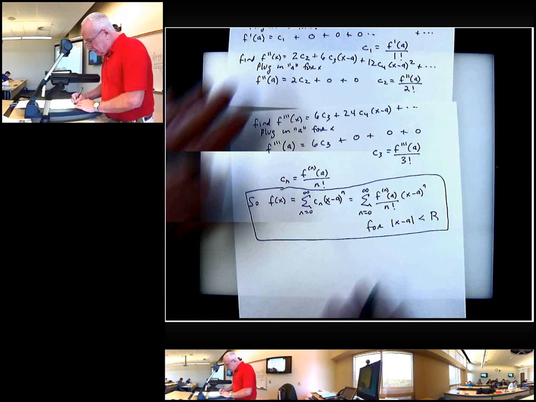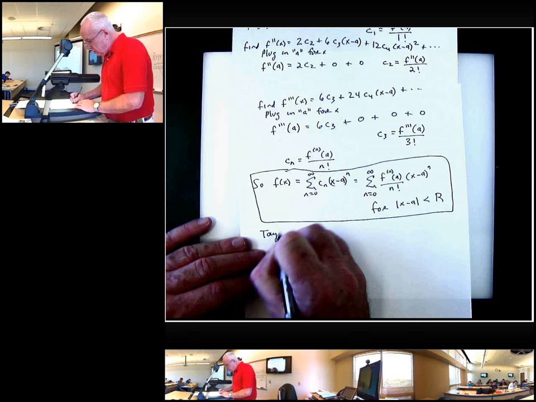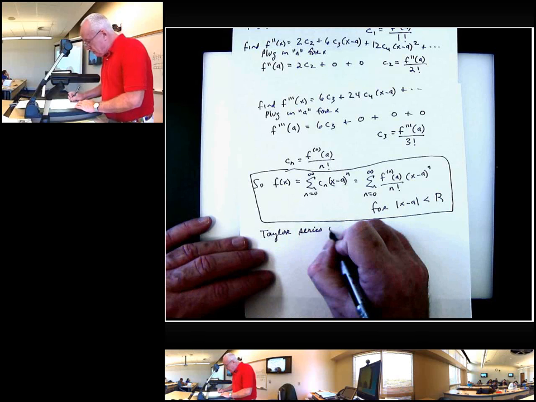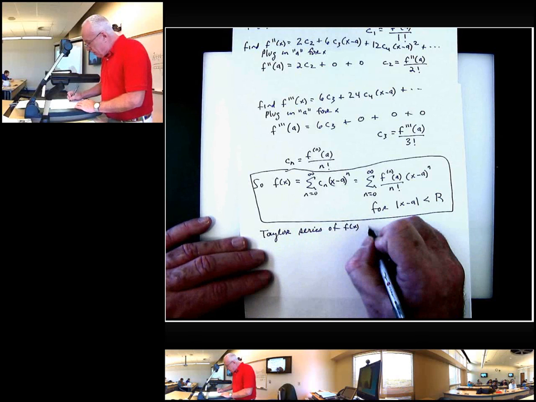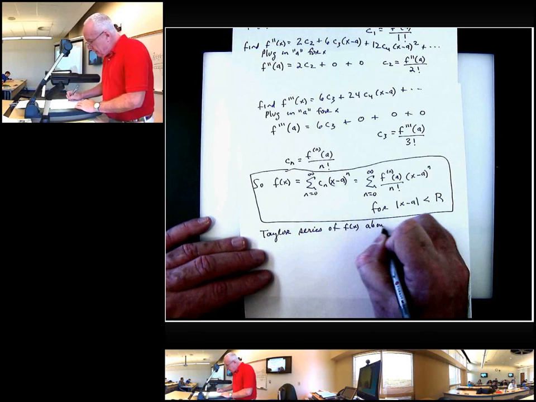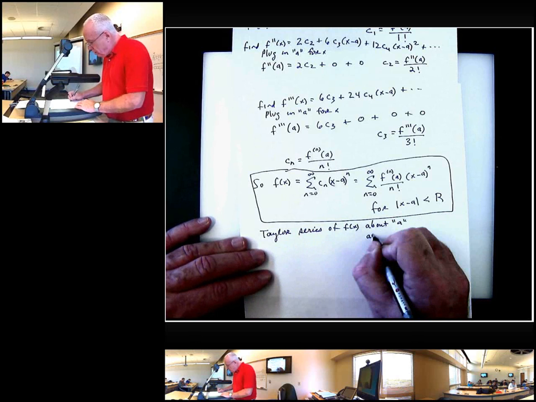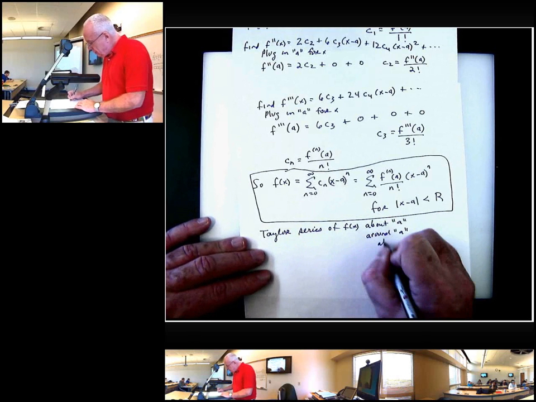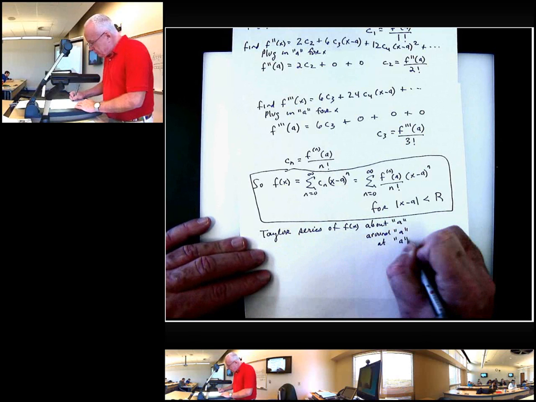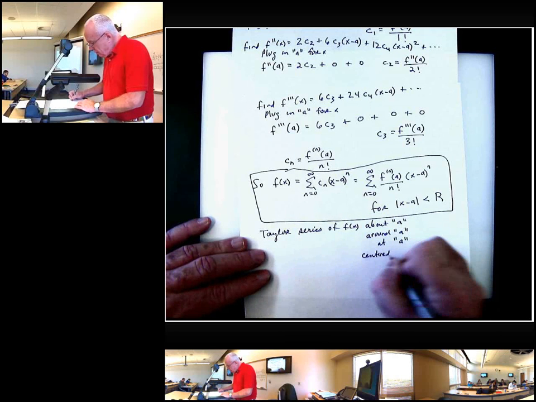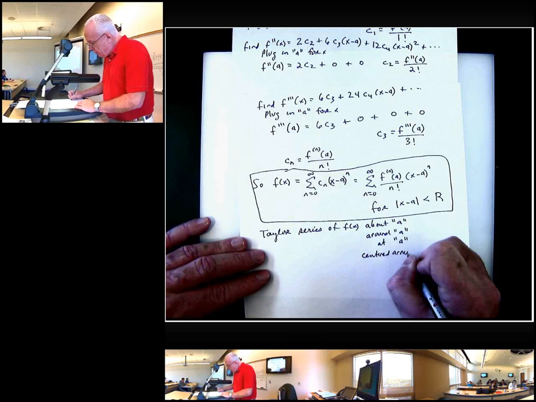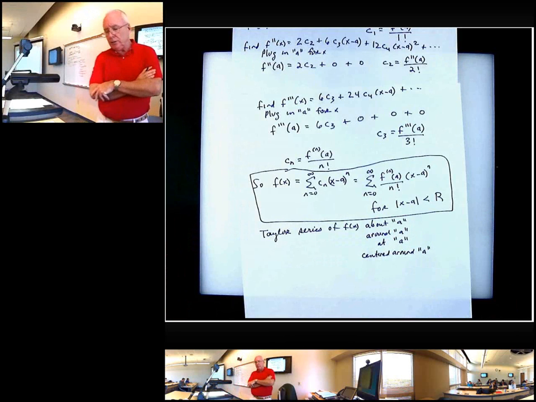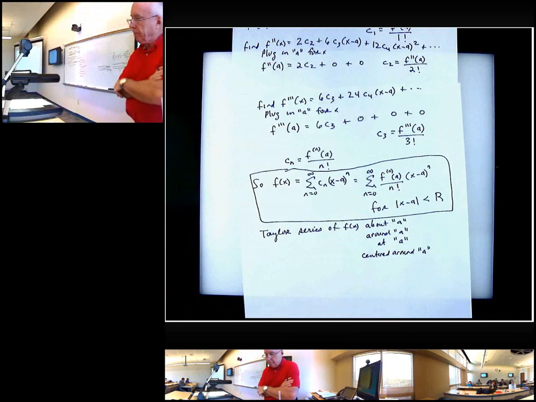So this is called a Taylor series of f of x, and then we could say about the number a, or around the number a, or at the number a, or even centered around the number a. Lots of different terms that you can use here, but it's the Taylor series around a. Okay.